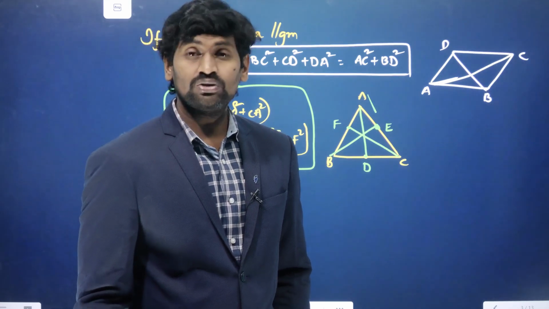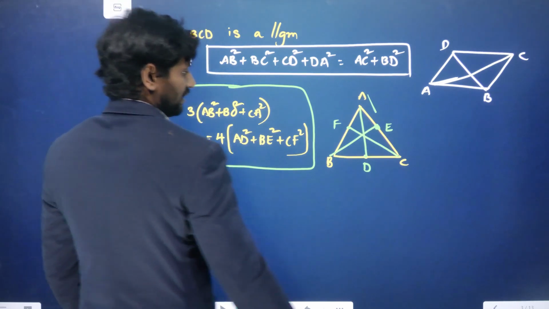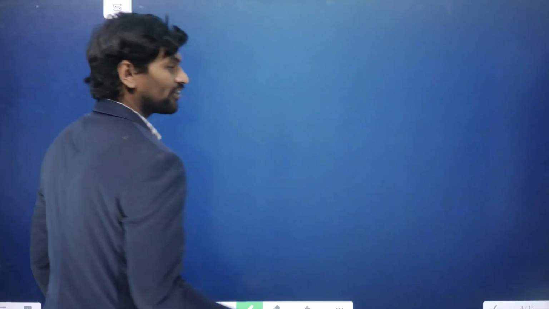And also, when you take a number of triangles having the same base and the same vertex, and their sides are in the same ratio, let us see.